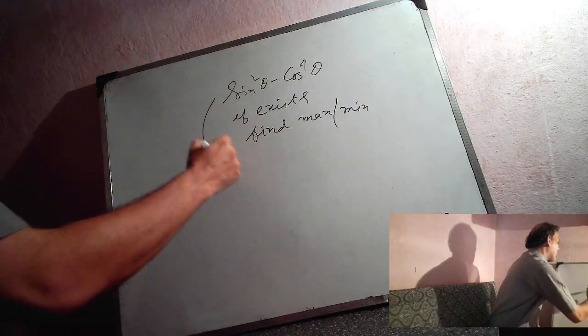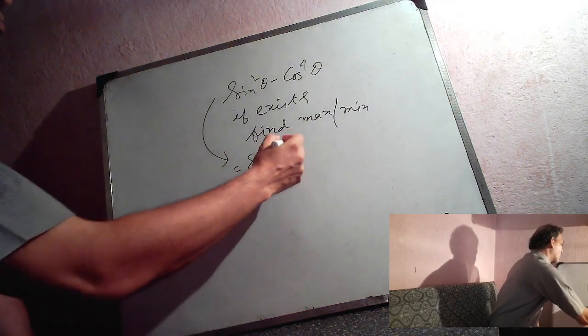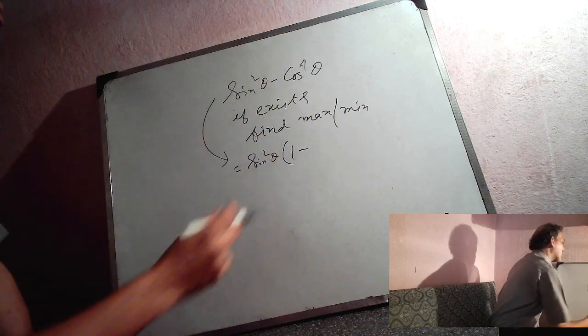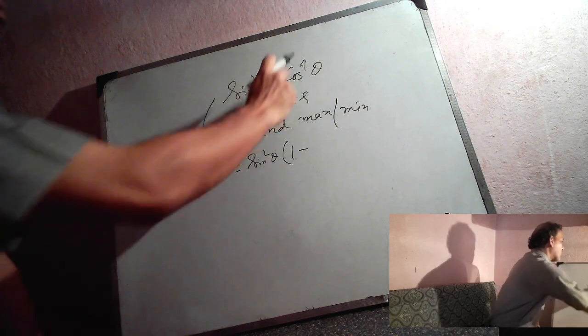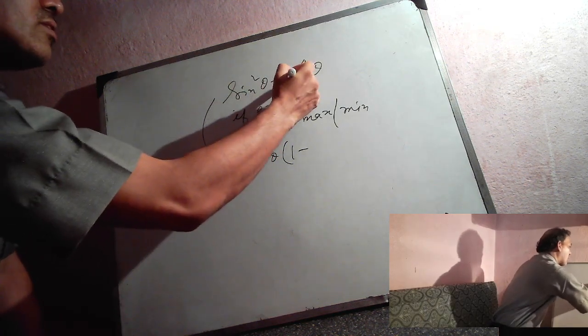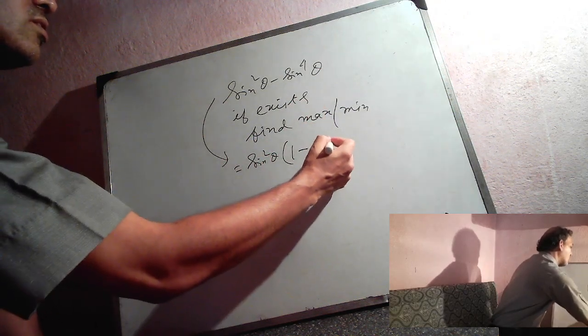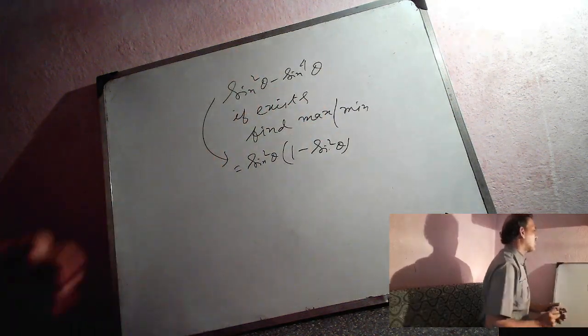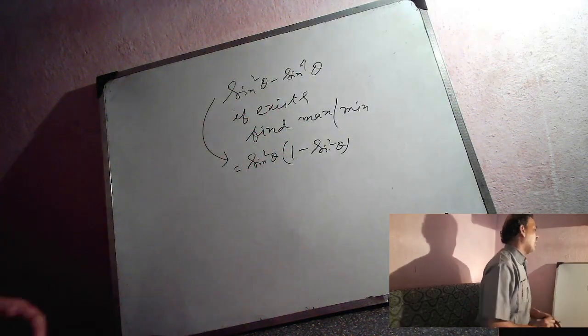Now this can be written as sin square theta within brackets 1 minus sin square theta.